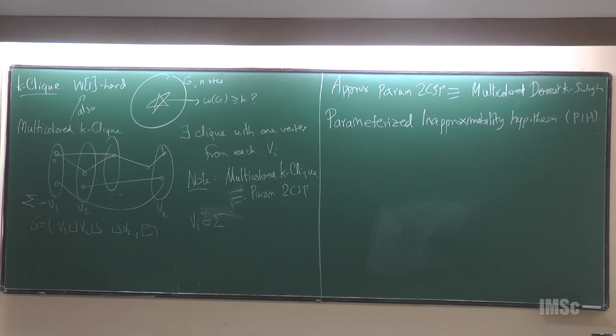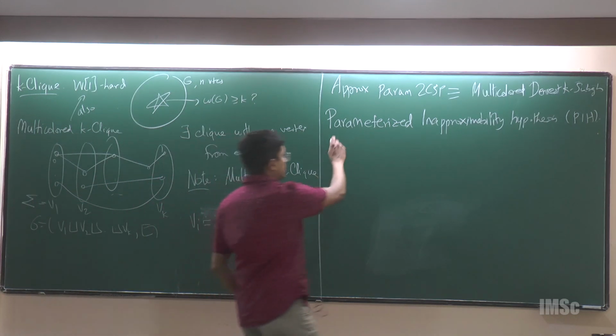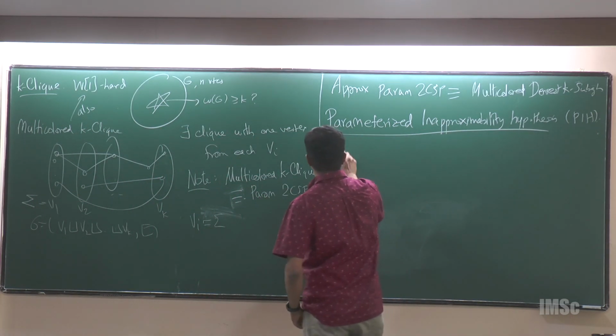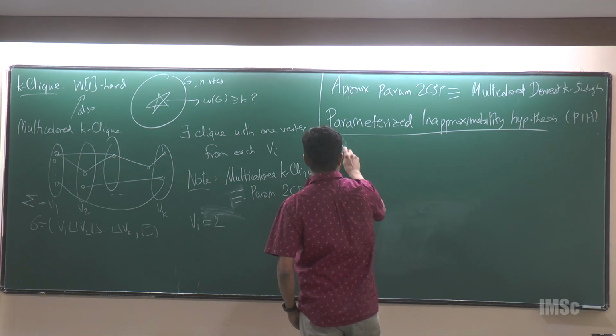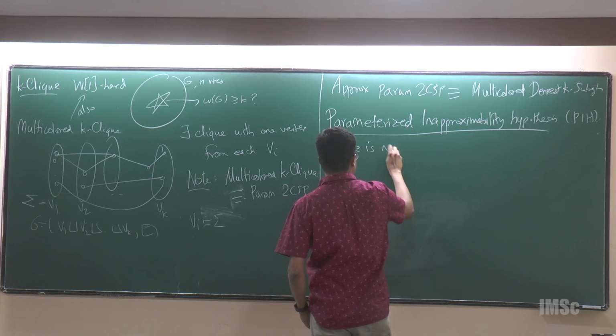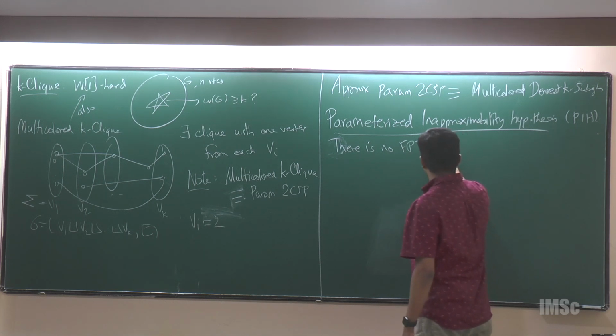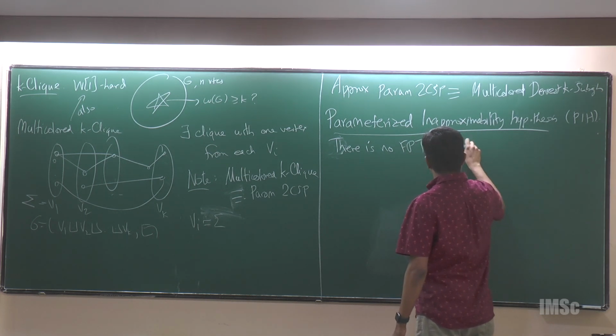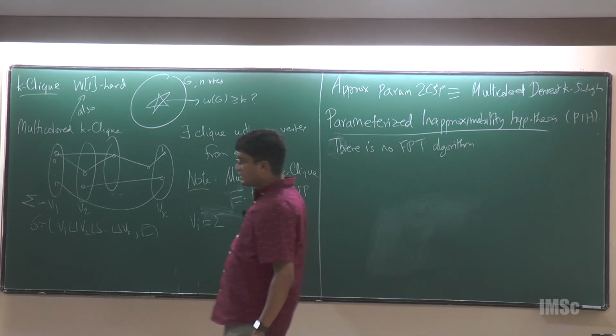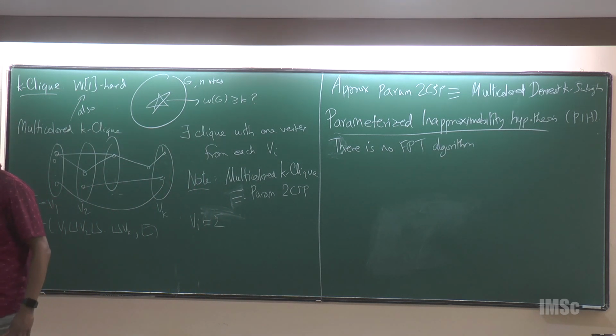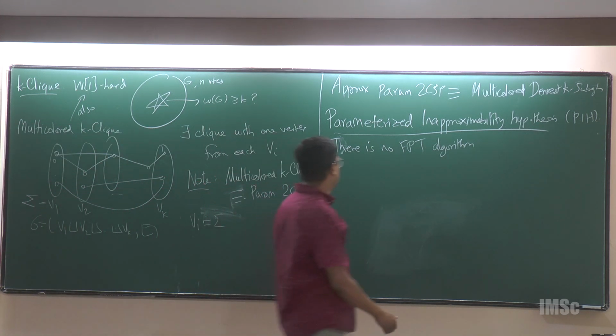In the parameterized world, I'm going to state it in this way: there is no FPT algorithm. I'll state it this way because it's a hypothesis. So it says there is no algorithm, rather than, as sometimes it's stated, that this problem is W1-hard, but I want to state it this way so that I can then actually say it's implied by some other hardness assumption.